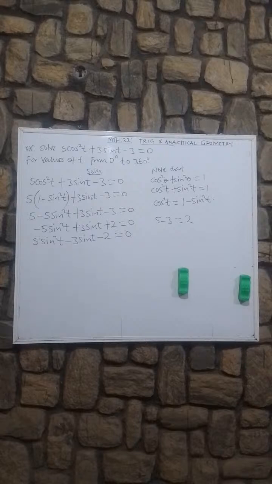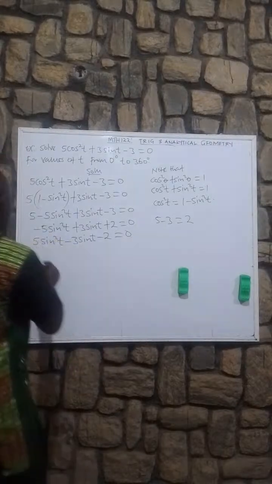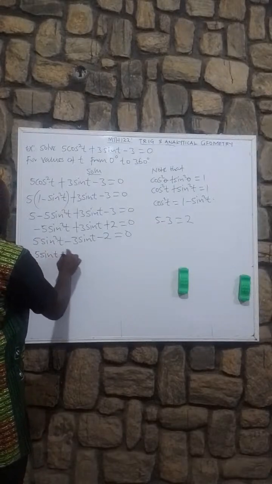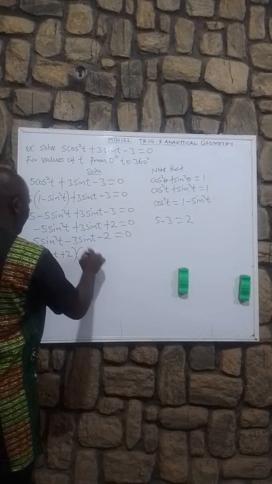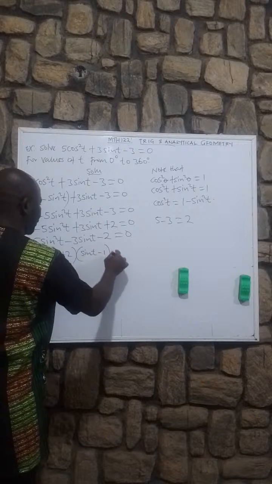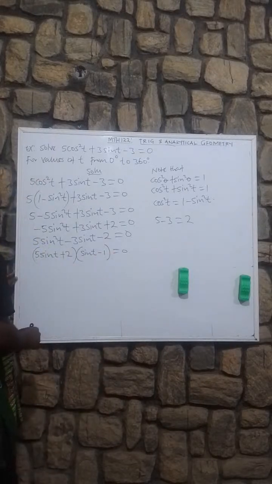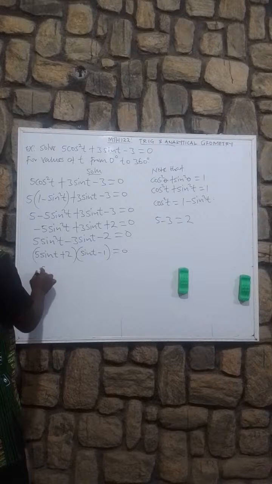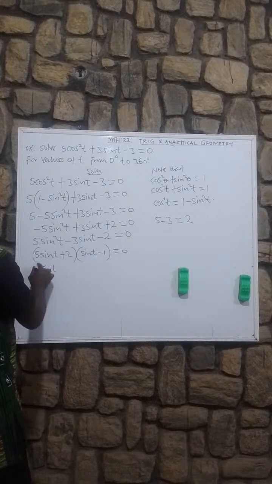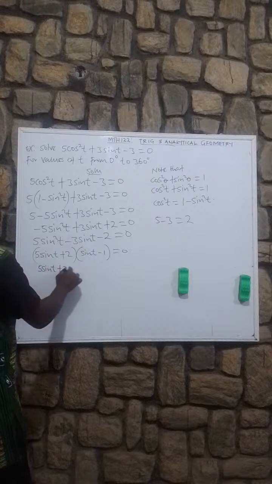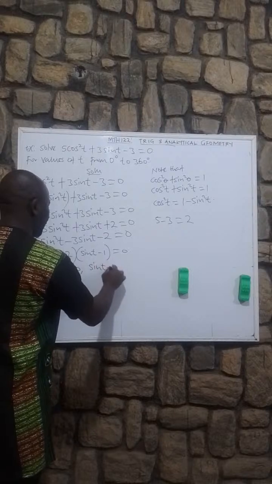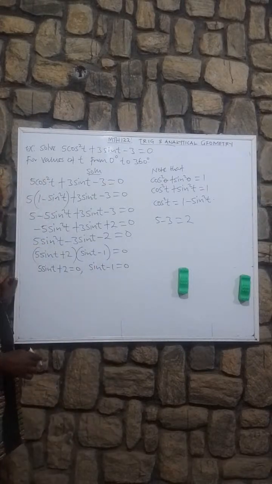The factors of this equation are open bracket 5 sine t plus 2, open bracket sine t minus 1 equals 0. So 5 sine t plus 2 is equal to 0, then sine t minus 1 is equal to 0, right?